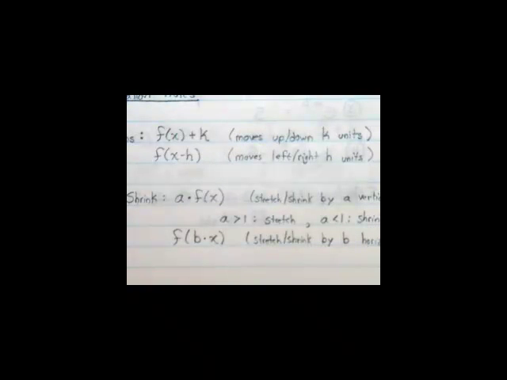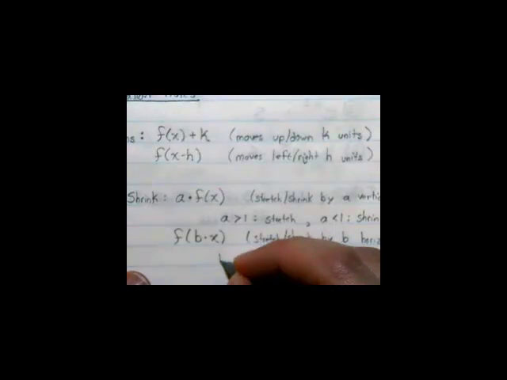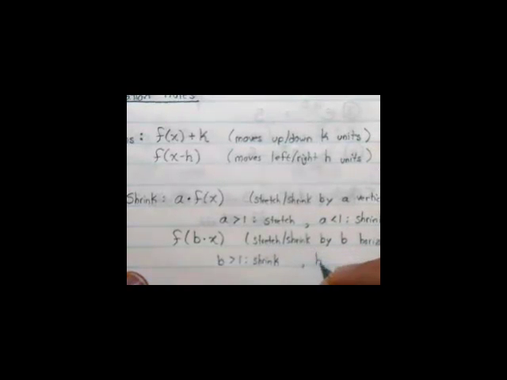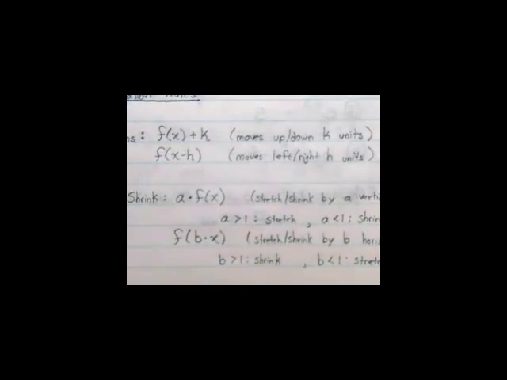So if b is a number bigger than 1, what actually happens there? That shrinks it down horizontally. And if b is less than 1, it actually stretches it out that way. So be careful with that. So b greater than 1 is a shrink. b less than 1 is a stretch. Okay, so those are all your rules.